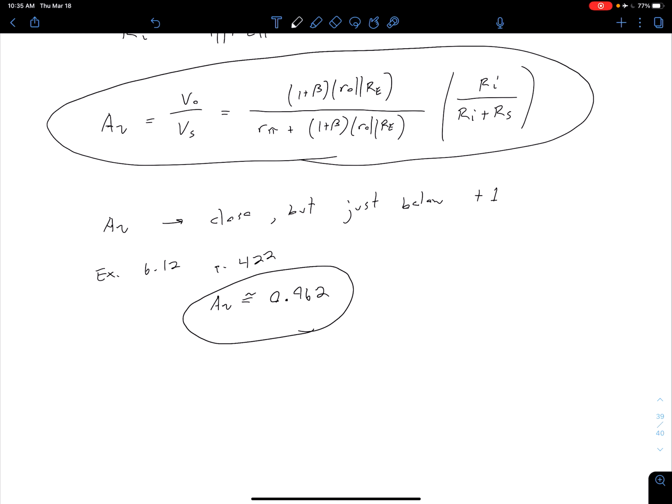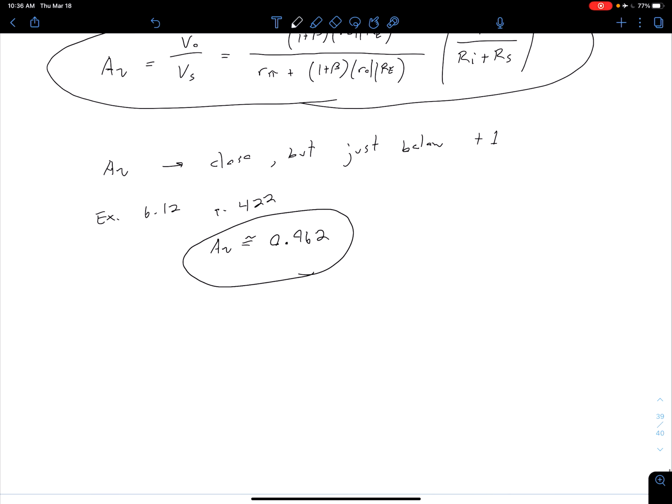One other thing about our naming: we noted that our output voltage is equal to our emitter voltage in the initial circuit. And so what this means is that because our gain is about 1, our emitter voltage follows the input voltage.